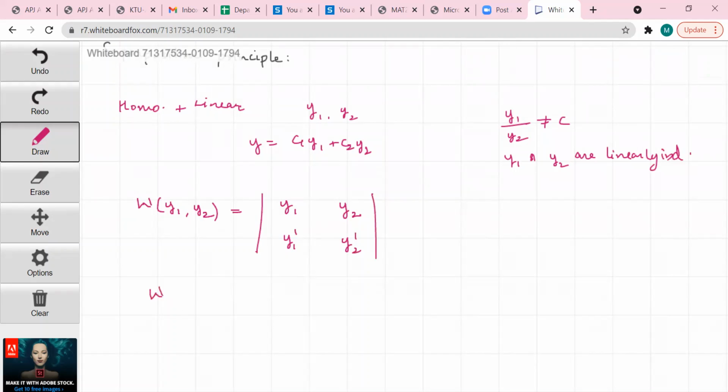If this determinant is equal to 0, then y1 and y2 are linearly dependent. That means they are constant multiples of each other.